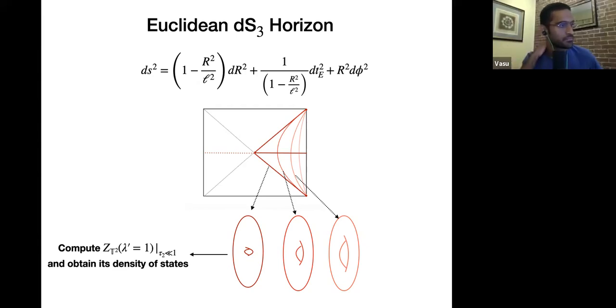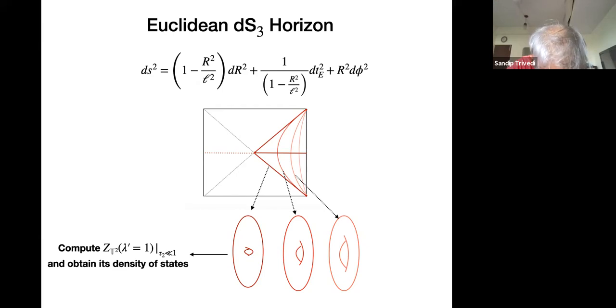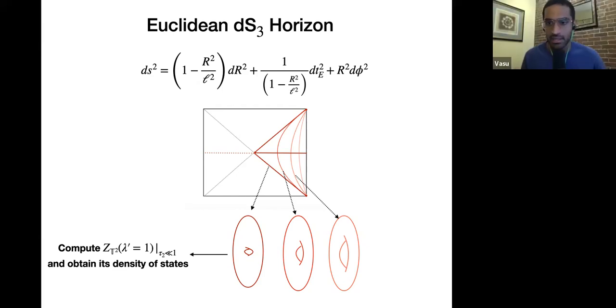So what I'm doing is computing the density of states of this TTbar plus lambda 2 deformed CFT in a certain scaling limit. The bulk interpretation of this scaling limit is what I would get from looking at the semi-classical limit of the quantization of pure 2+1 gravity in constant mean curvature gauge. I see.